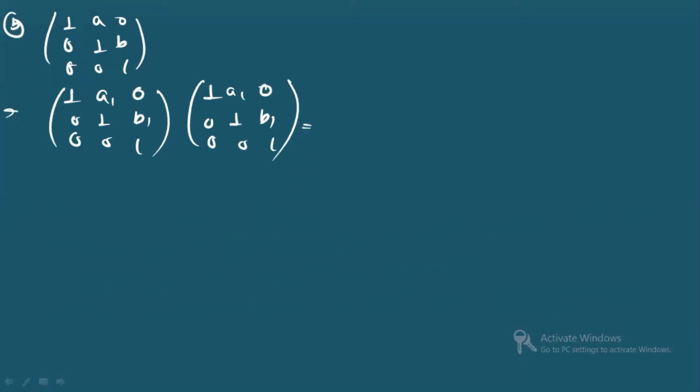Now when you multiply, you will get 1 here. Here you will get A1 plus A2, and this will be A2. Again here you will get A1 B2. Similarly here you'll get 0, this will give you 1, the next will give you B1 plus B2, and the third row is 0, 0 and 1.